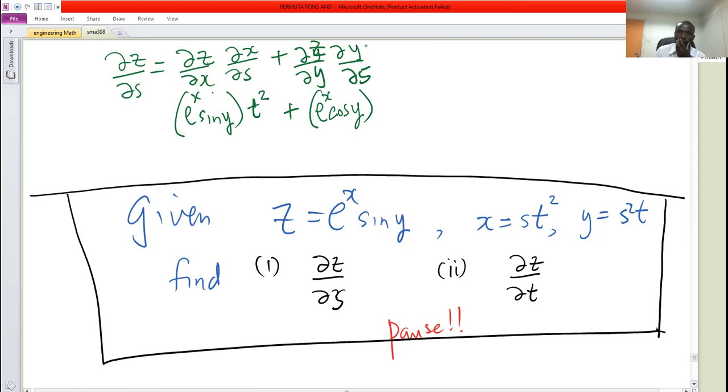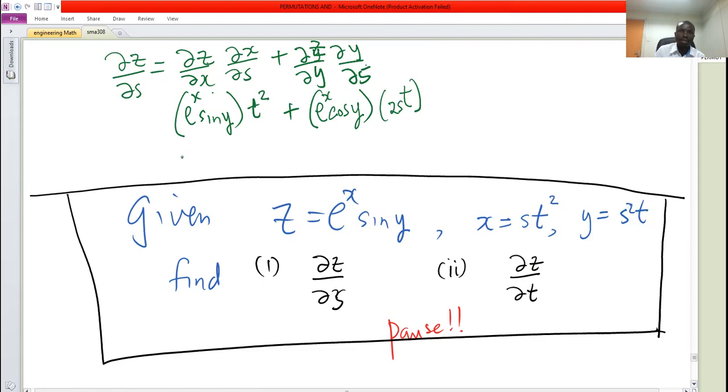∂y/∂s will give us 2st. So where there's x, we replace by st², and where there's y, we replace by s²t.